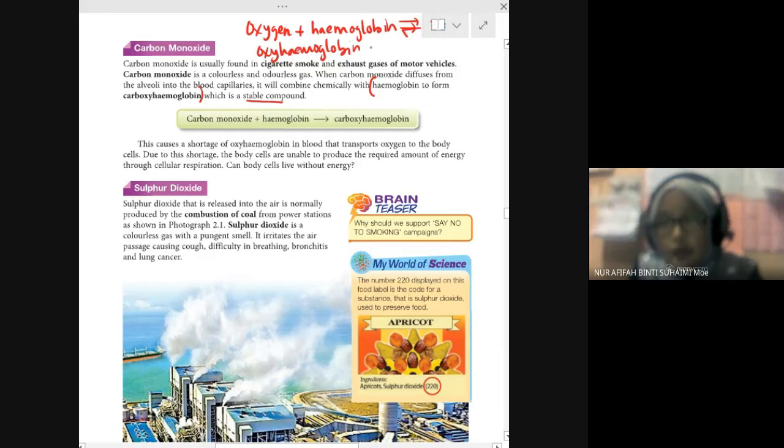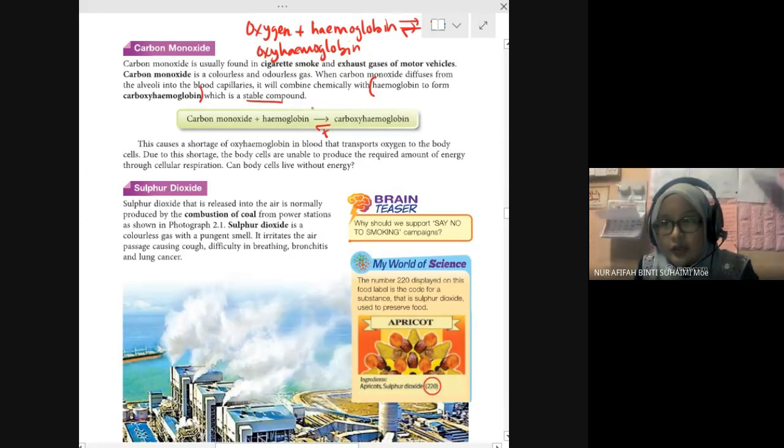This oxyhemoglobin will decompose to release the oxygen to be diffused into body cells. But if carbon monoxide combines with hemoglobin, it cannot be reversed. Oxygen and hemoglobin can be reversible. Boleh balik. Boleh tukar semula. For this one, cannot be reversible.